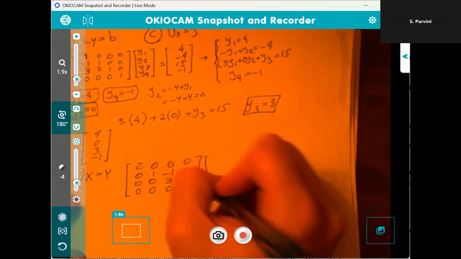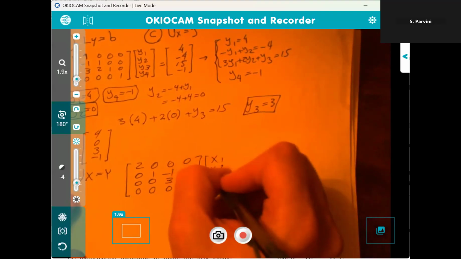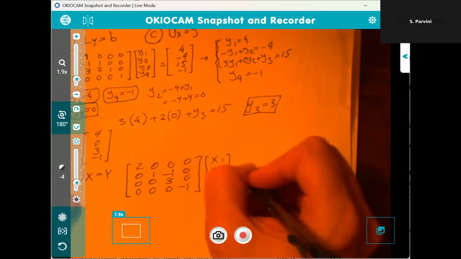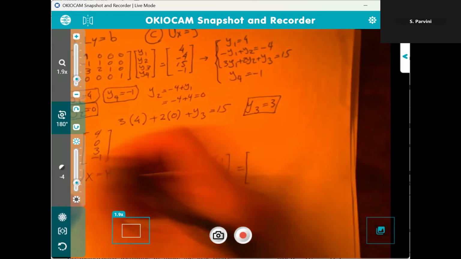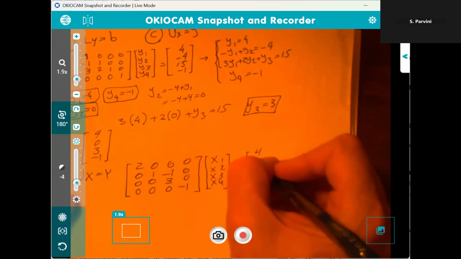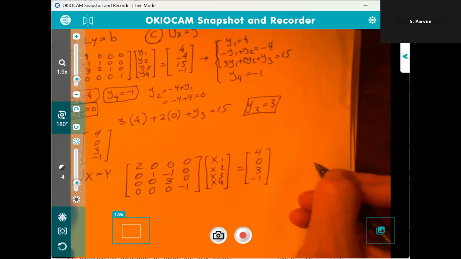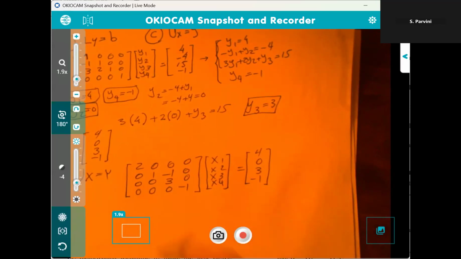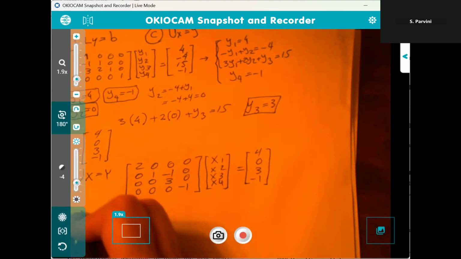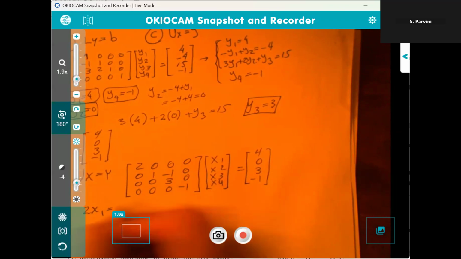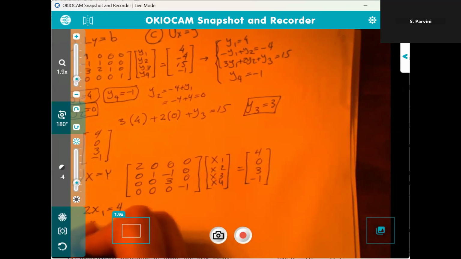X is the matrix of variables, x1, x2, x3, x4, equal to the y's, 4, 0, 3, negative 1. And then you solve this one. Look at this one. 2 times x1, 0, 0, 0. So this tells me first row, first column says 2x1 is 4. Therefore, x1 is 2.